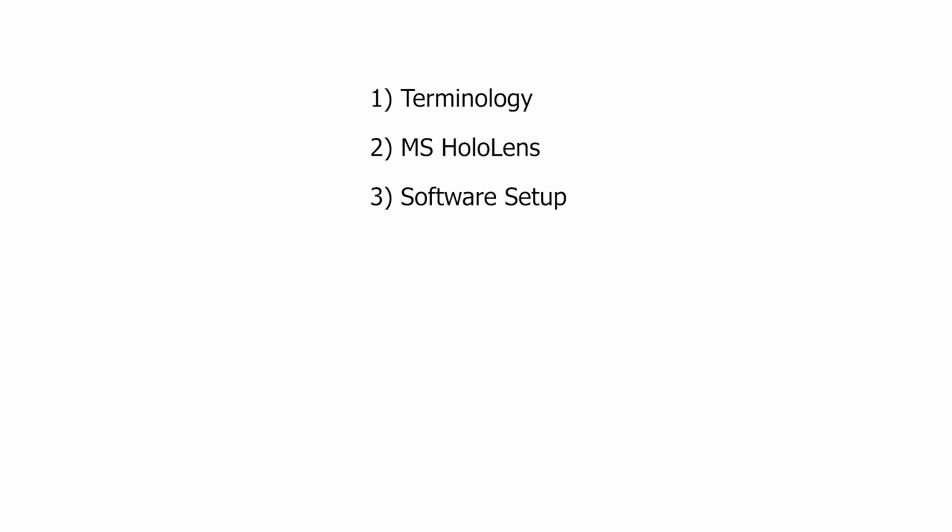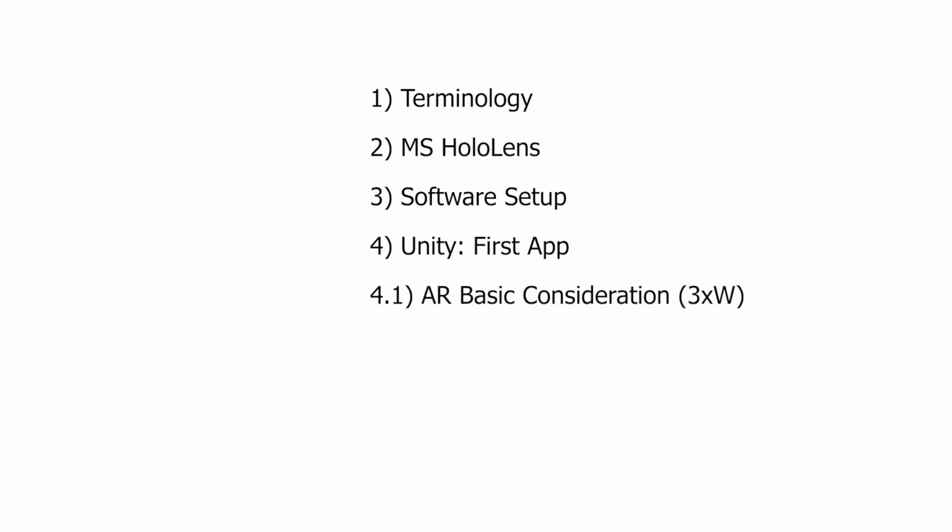Then, with the setup ready to go, we will dive into Unity and create a first small application. Not only will we discuss the technical workflow here, but also some basic considerations for any AR development. I like to call them the 3 W's. So what, why, where, but more about that later on.